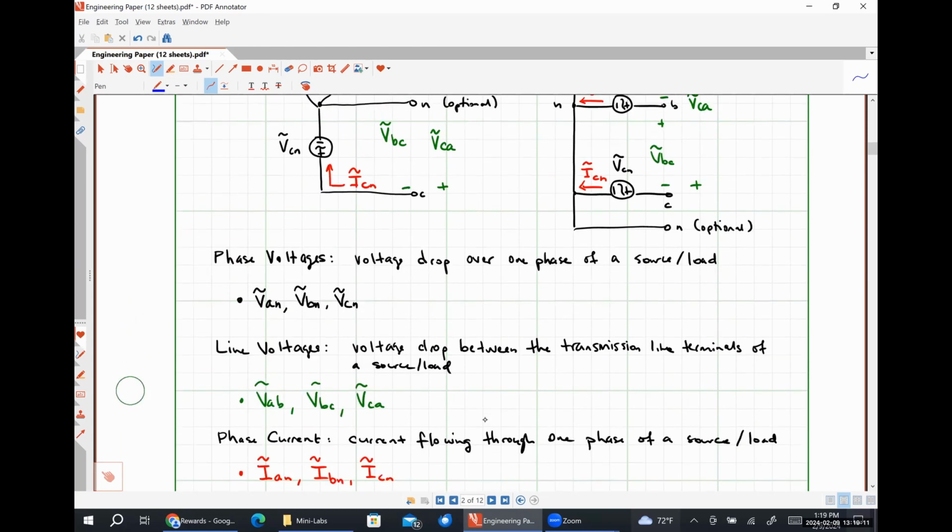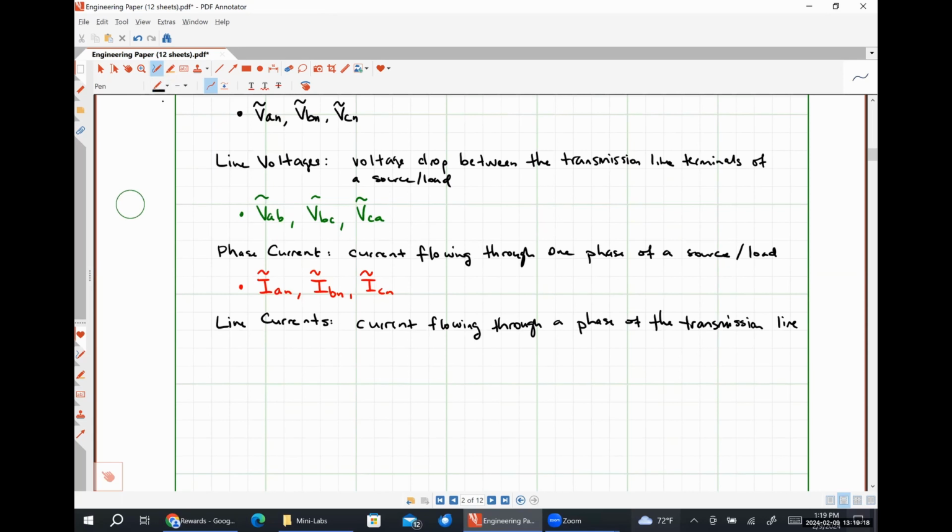So these voltages, VAN, VBN, and VCN, will commonly be called phase to neutral voltages because they're measured from one phase conductor to the neutral conductor.